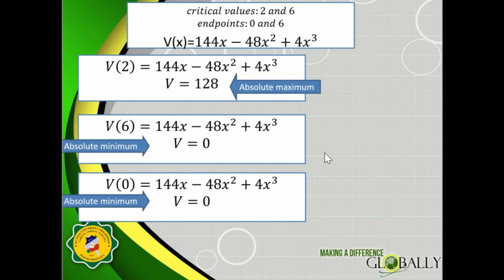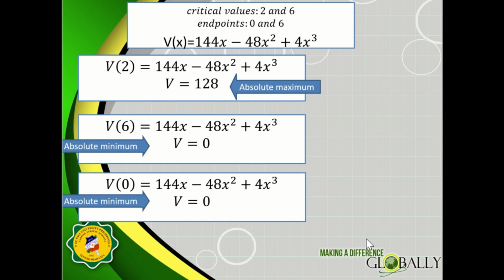You might be asking yourselves why there are two different places of our absolute minimum. There's nothing to worry about, because we have only one absolute minimum, which is 0. It doesn't matter how many different places it occurs.